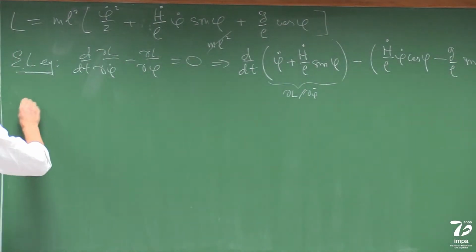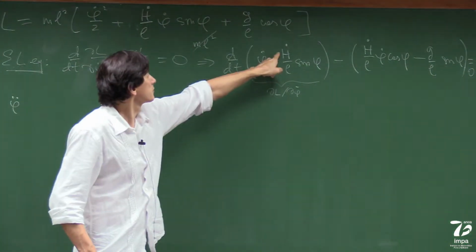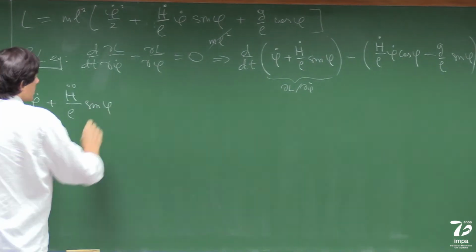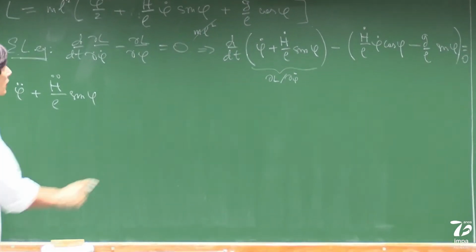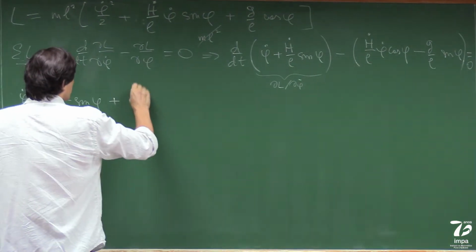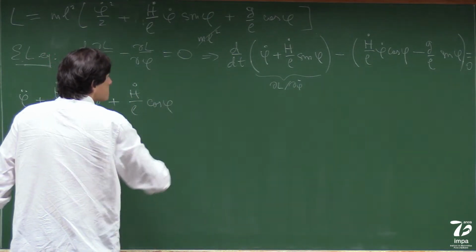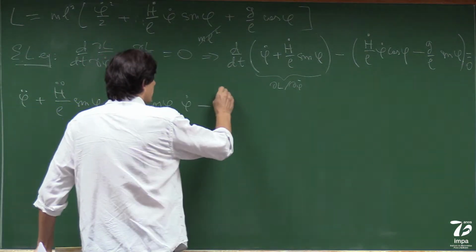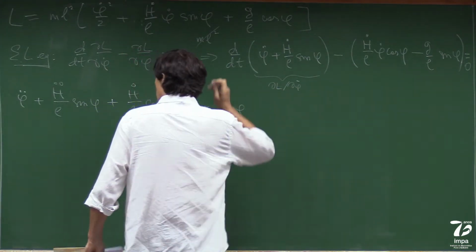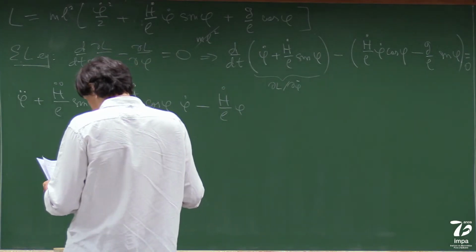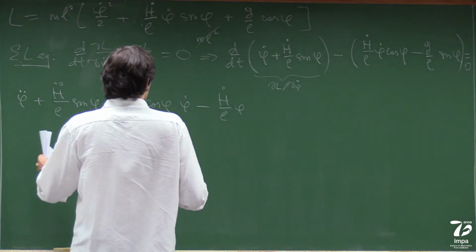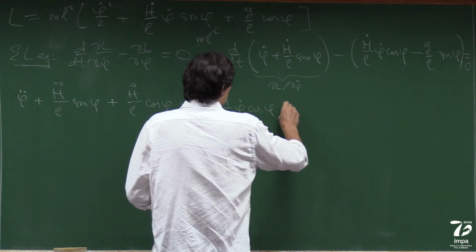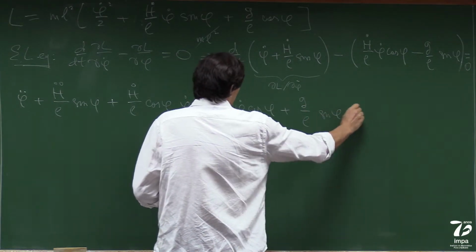You get psi double dot, then differentiate h twice, plus h double dot over L sine psi, plus h dot over L cosine psi, psi dot, and then the next term, minus h dot over L cosine psi psi dot.